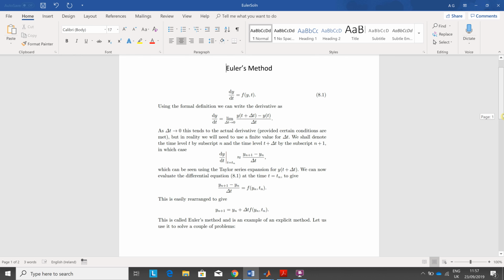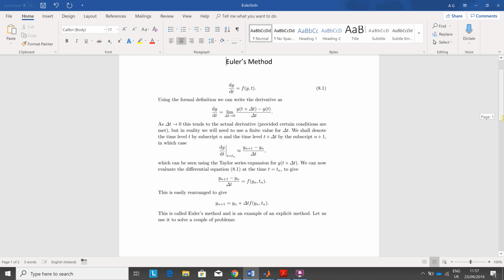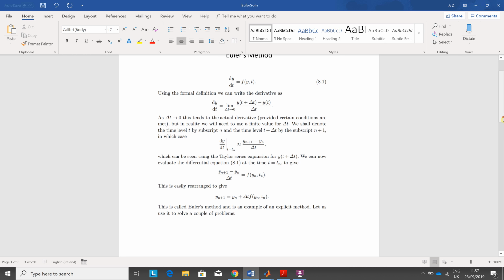Now I assume you have a reasonable idea of what's going on. I'm not doing it from absolute scratch. So we have here the function, the first order ODE. There's from first principles, the limit of delta t, etc. I'm not going through that.